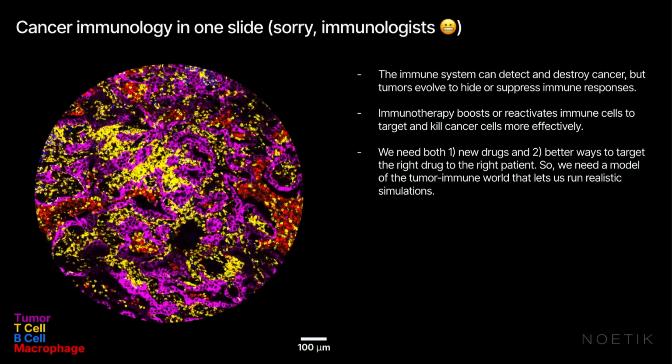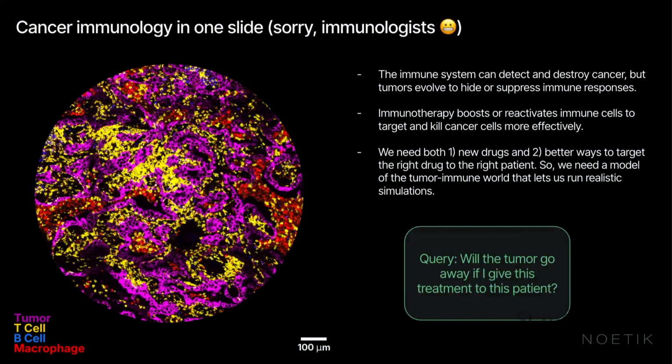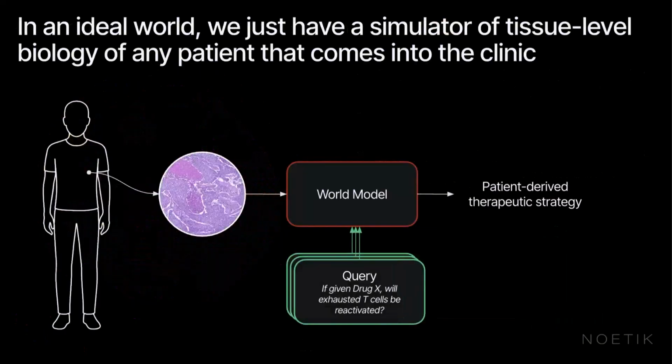So for both of these, the thing you would want is, again, a world model that can help you simulate the answer to the question, given what you know about the world of this patient's biology, if I take this action, does the tumor go away or not? Okay, so here's the oversimplified schematic again: given a patient's data, you want to be able to rapidly simulate a bunch of different treatment options and get a reasonable prediction of whether they'll be effective or ineffective.